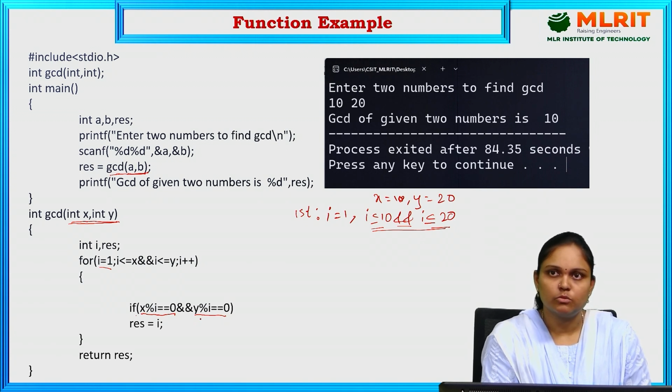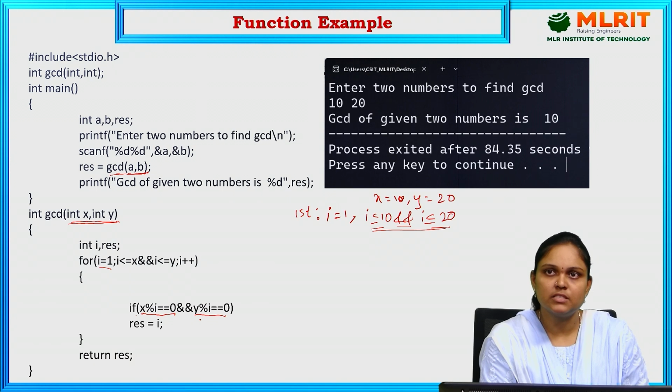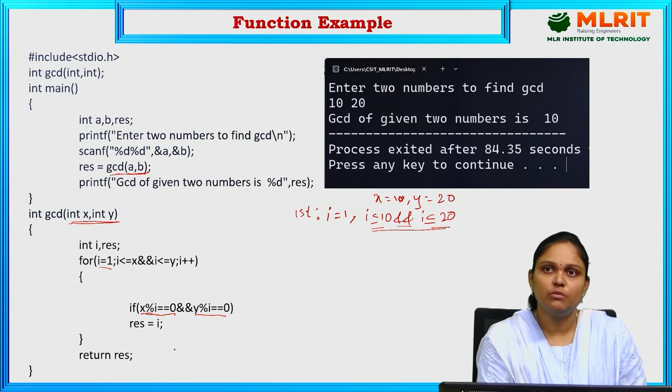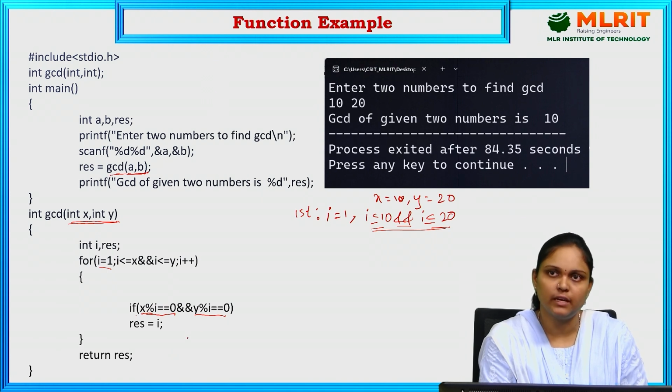We are finding the highest common factor, which is the highest common divisor. For that we need to use the modulus operator. To find the factors, we divide x by I. If we get the remainder as 0, then I is a factor of x.